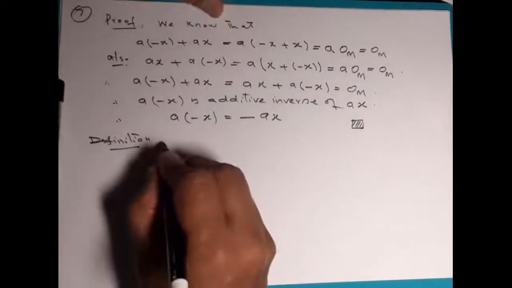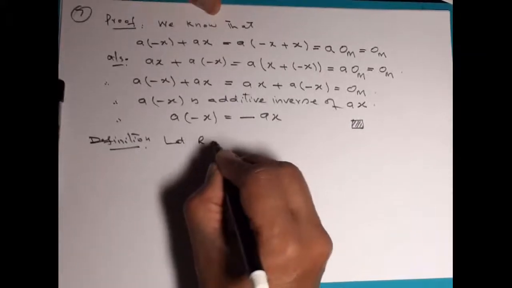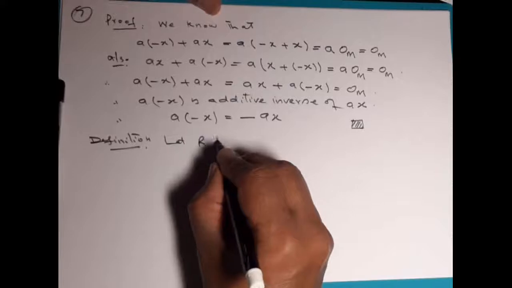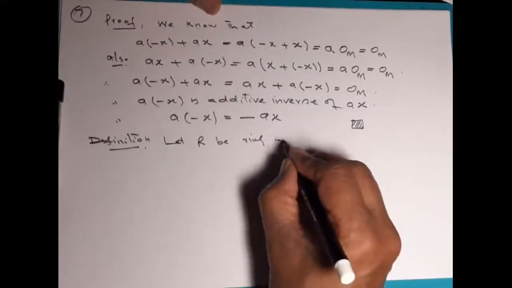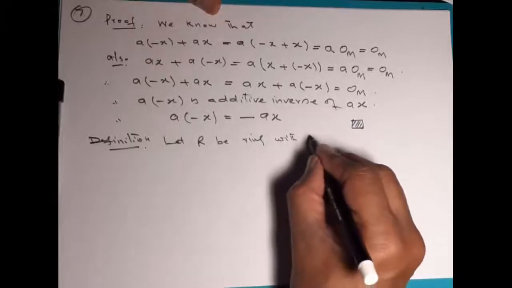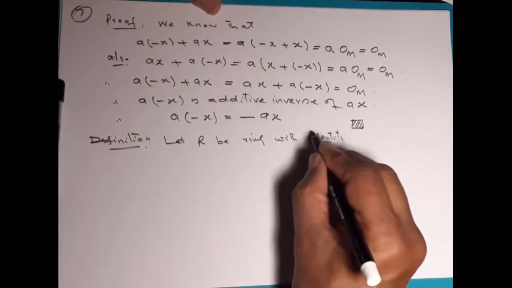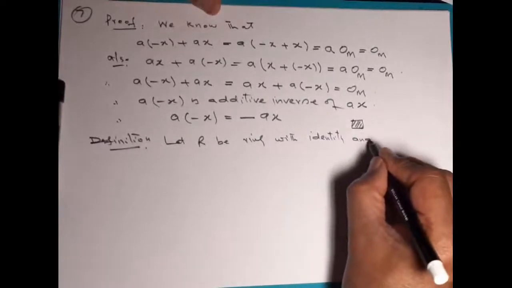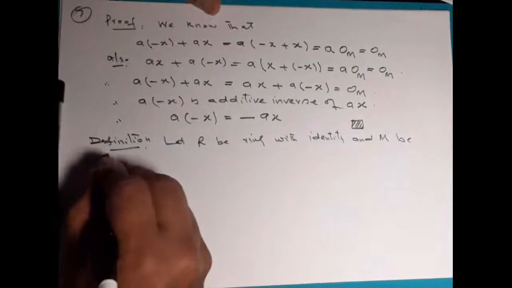So let R be a ring with identity, and capital M be a left R module.